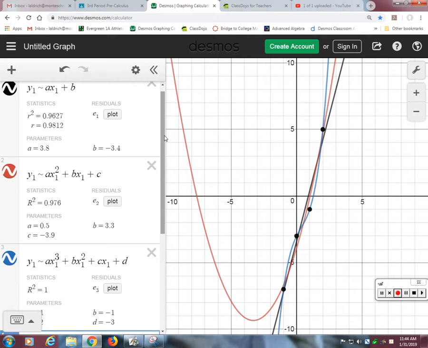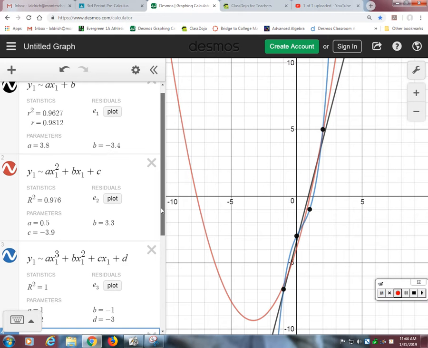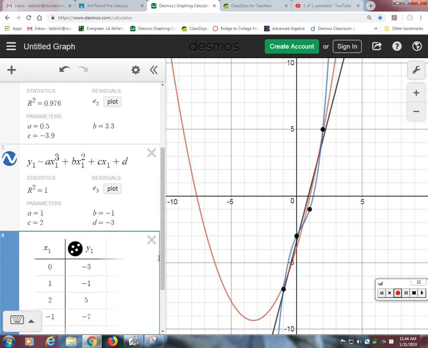Linear, you can see, is pretty good. It's like 96%. Quadratic is a little bit better, 97%, but if you go down to the cubic one, you should notice that the R value is 1, which means 100%. So in this case, this is going to be the best one.